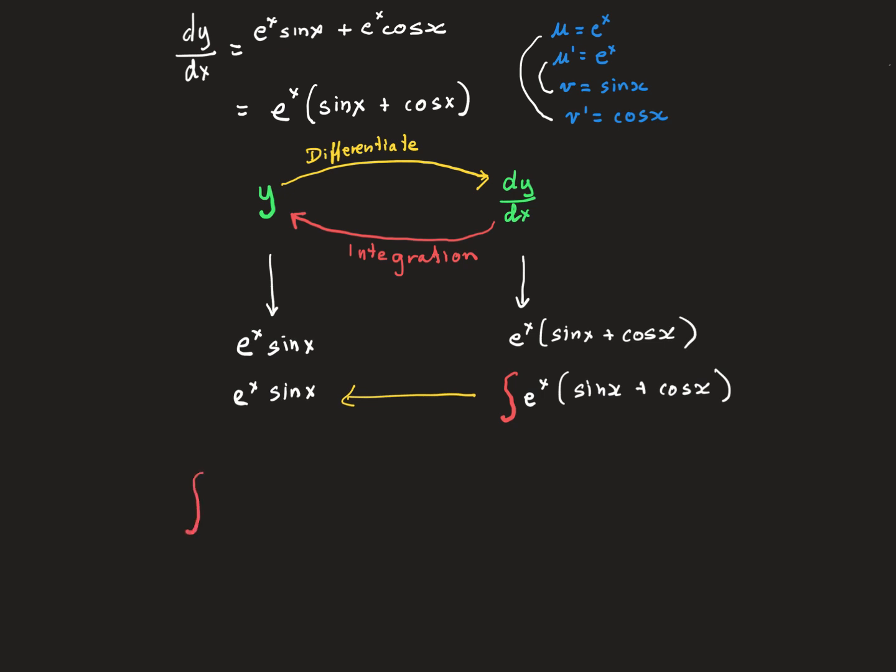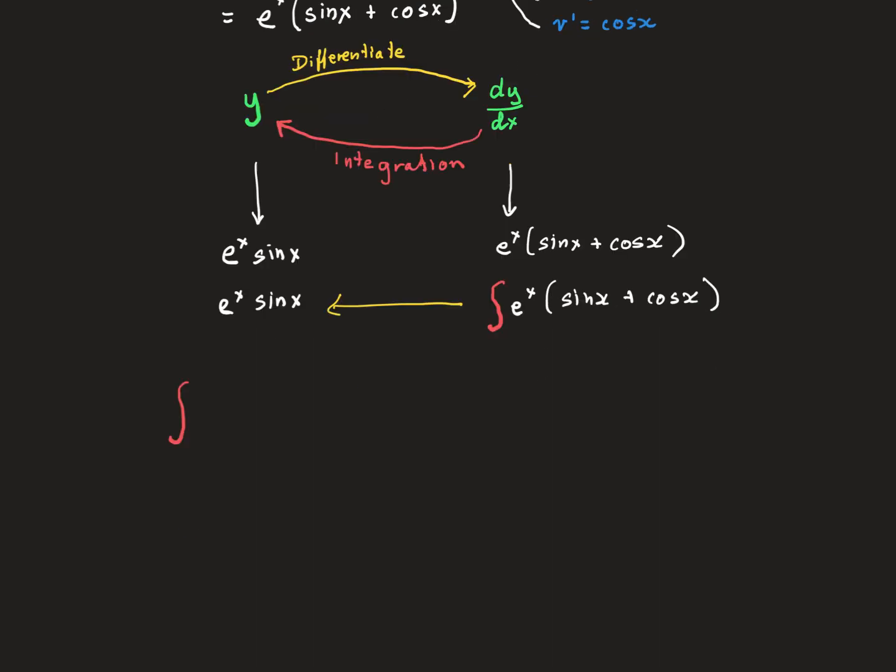Hence, by integrating e^x (sine x plus cos x) dx, we will get e^x sine x plus the constant of integration.